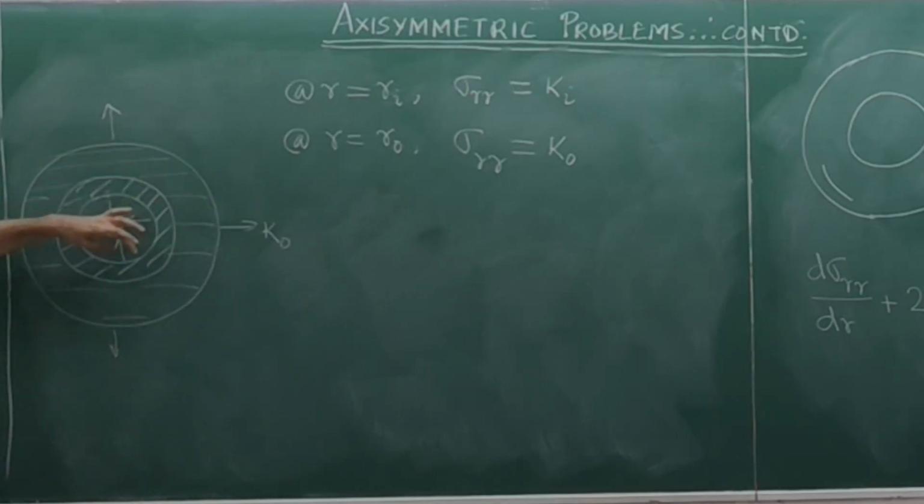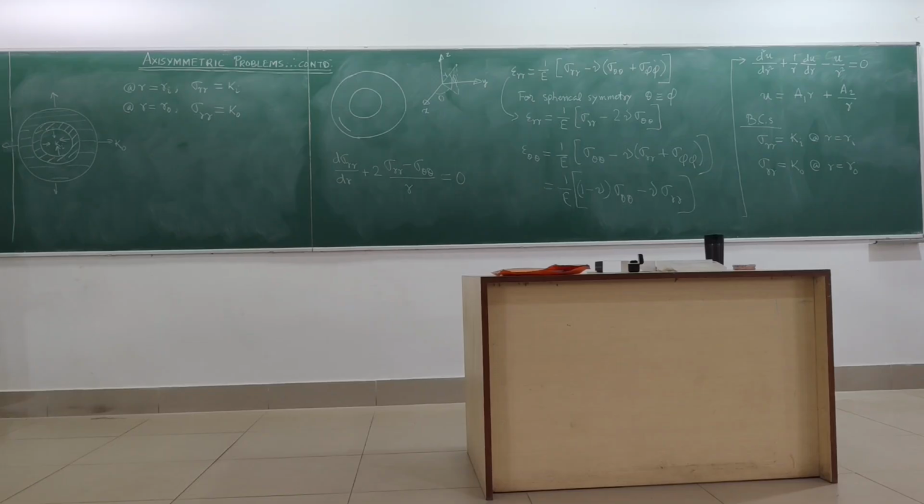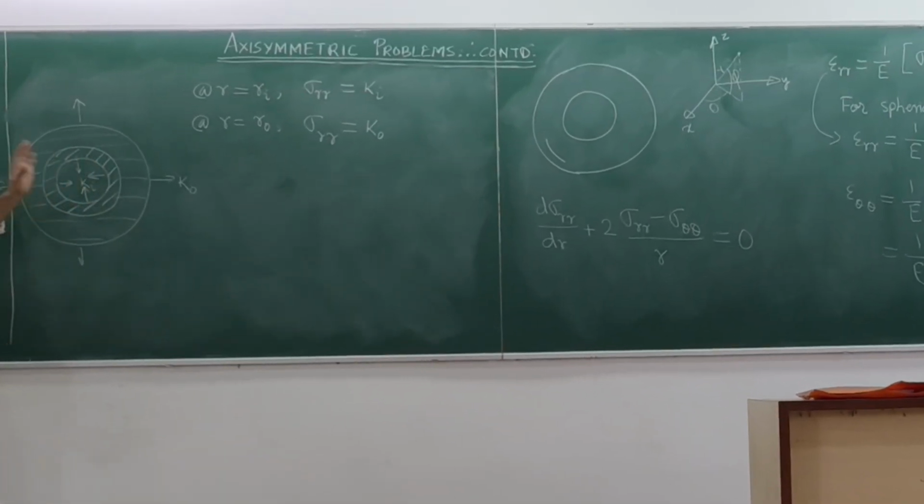Because for this material A, which is inside, you are going to have one particular governing equation, and for the outside material, you are going to have another governing equation. Why is that? Because the material properties are actually different. The Young's modulus and the Poisson's ratio can be different, which means that you will now have to deal with two governing equations.